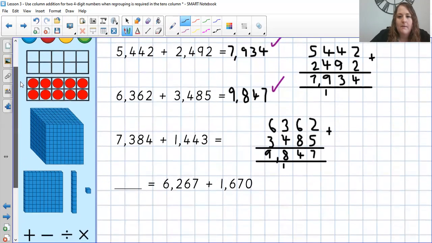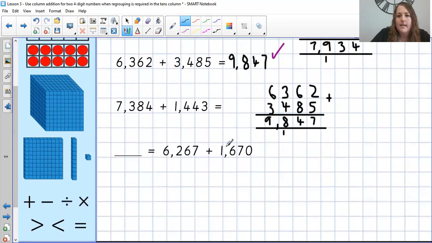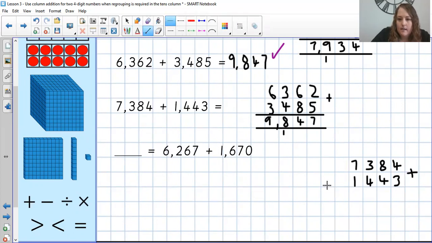Okay, going to scroll down a little bit, need a few more squares here. So 7,384 next, and we are adding that to 1,443. Pop my addition sign in, and then I'm going to use that ruler tool again. Same process each time, and then I can start my addition.